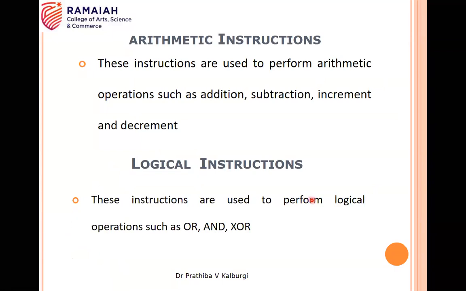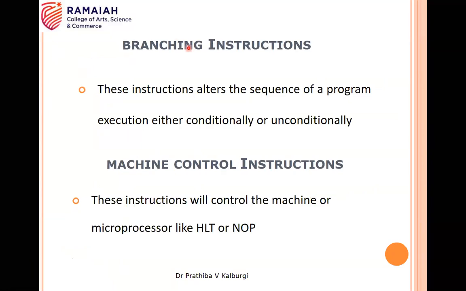Now coming to the next one, branching instructions. Under branching instructions, we perform the operation depending upon a condition, or unconditionally. The unconditional instruction is called the jump instruction; JMP comes under unconditional instructions. Whereas for conditional instructions, we check for a particular condition. You have already learned about the flags.